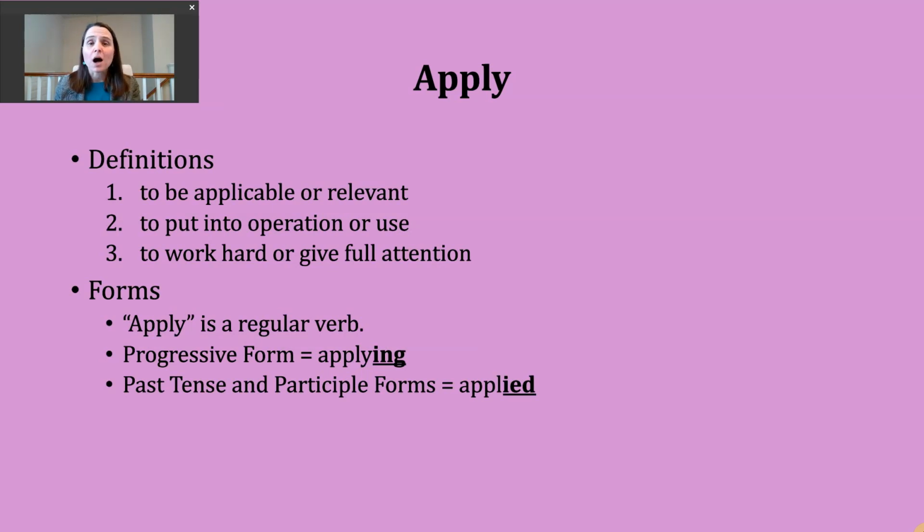Our base verb, apply, ends in a vowel sound, and vowel sounds are always voiced sounds. So our past tense ending is going to make a D sound, and we're not adding an extra syllable here. So the past tense and participle form should sound like applied, applied.